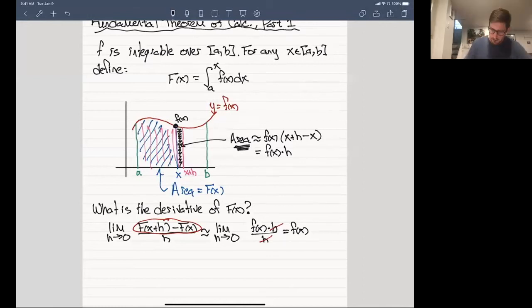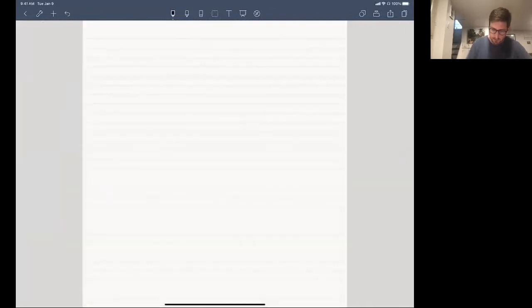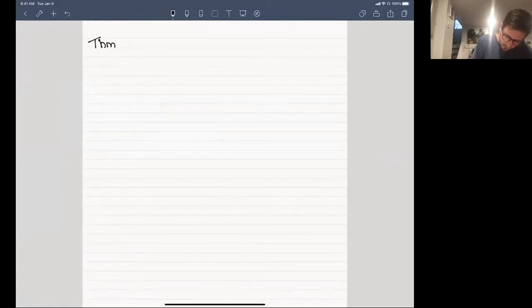So let me start by writing this on a new page. We're going to write this as a theorem. And this is the Fundamental Theorem of Calculus, Part 1.